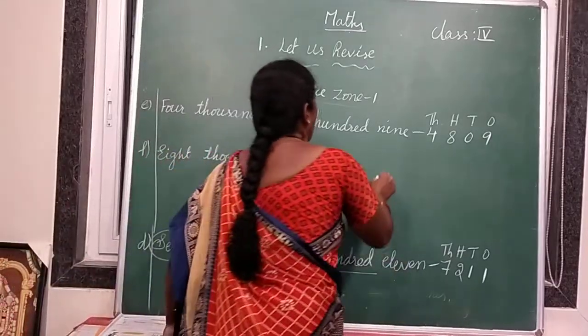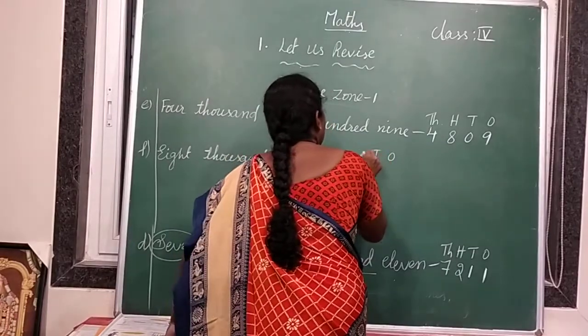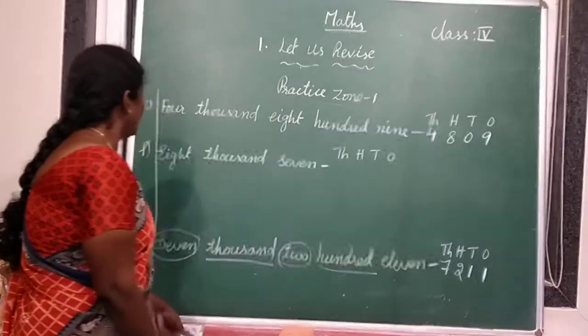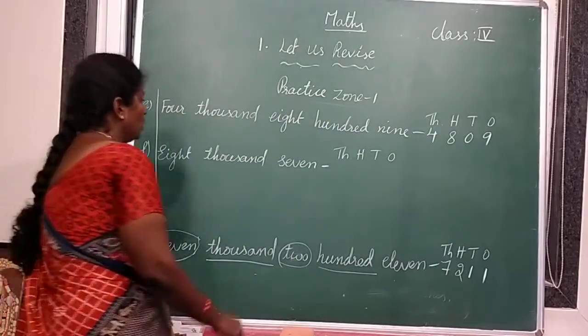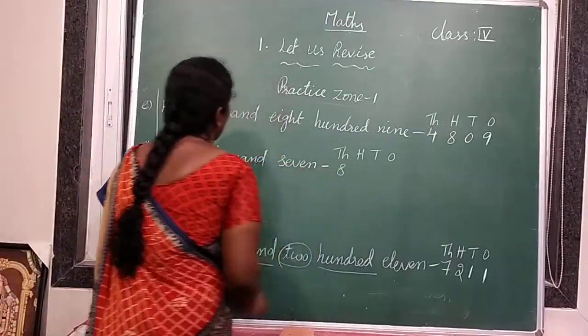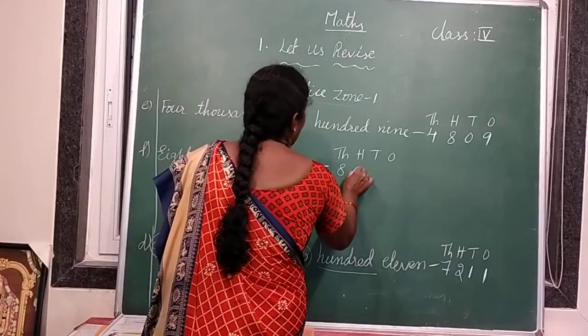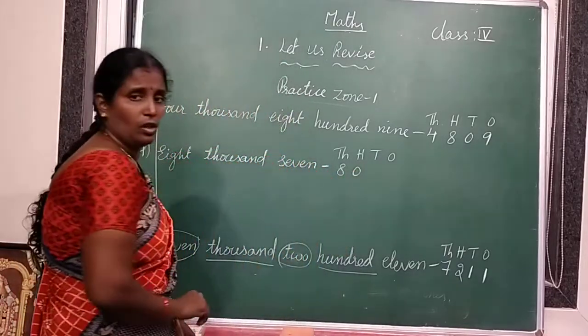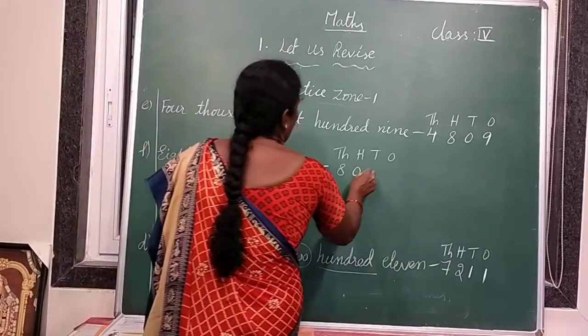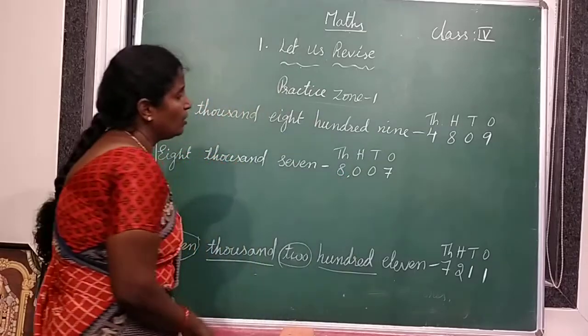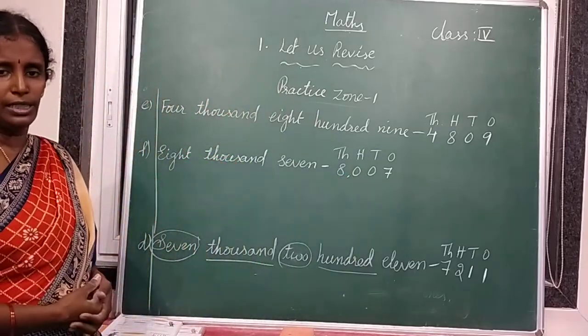First write the place values: ones place, tens place, hundreds place, thousands place. How many thousands are there? 8,000. How many hundreds are there? No hundreds. How many tens are there? No tens. So 0. How many ones are there? 7. Is it 8,007? Yes.